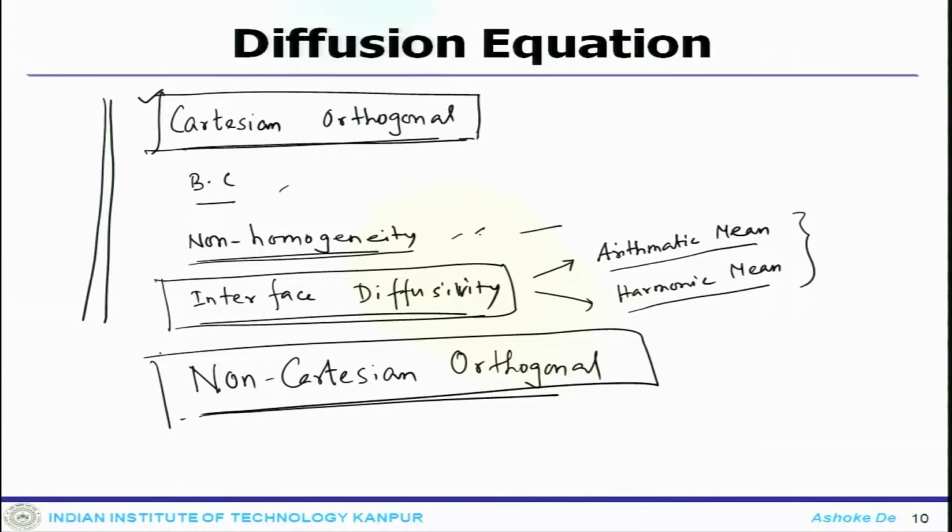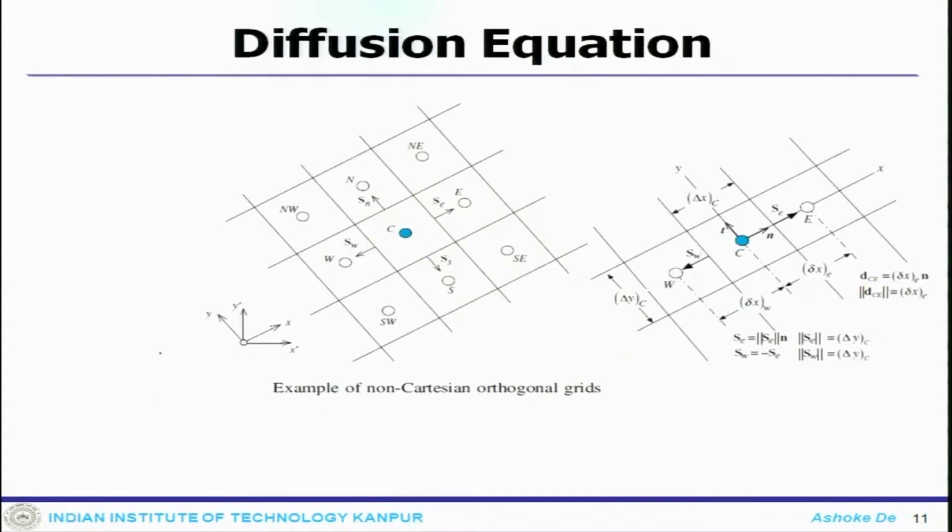Let us consider an example of a non-Cartesian system. This is the example of a non-Cartesian orthogonal grid system. Why do we call it non-Cartesian? Because if you look at the grid pattern, the important thing to note here is the discretized indexing which is shown here.